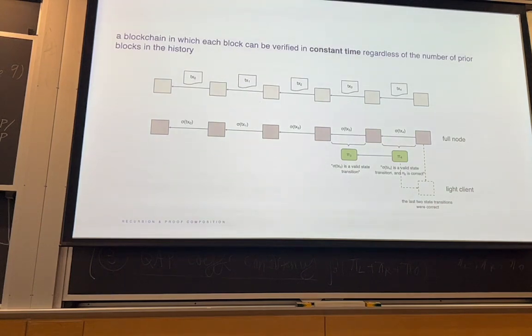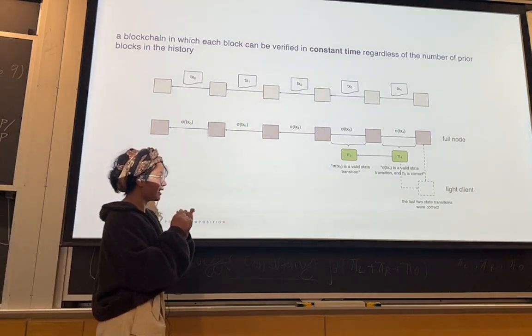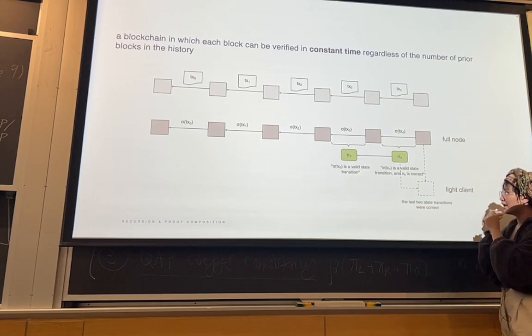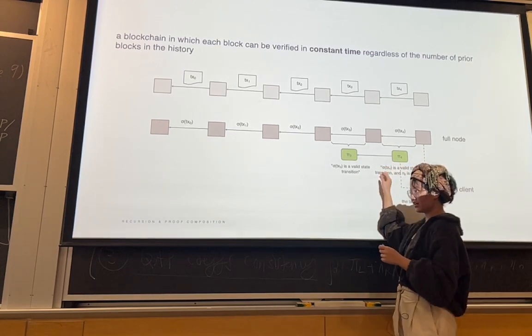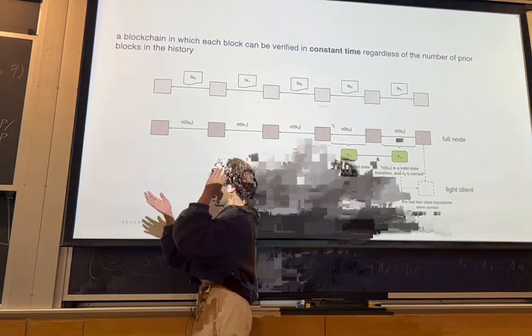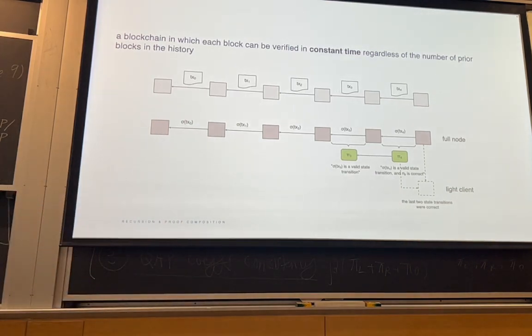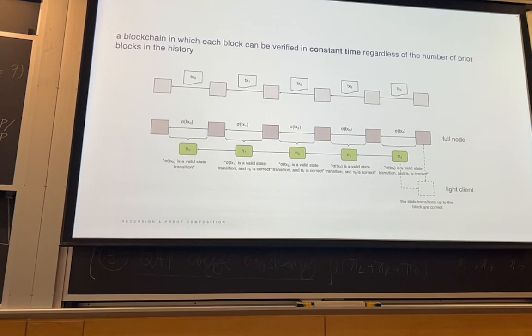So what if we had a proof that could, at the same time, convince you of the validity of one state transition, as well as the correctness of a previous instance of a state transition proof? So it convinces you both that the most recent state transition is correct and that the history of state transitions up to that point has been correct.